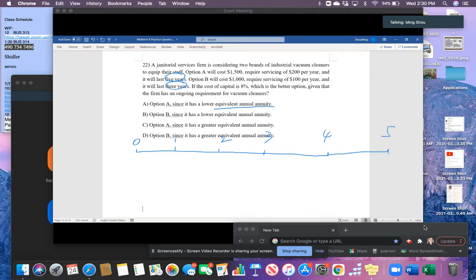For option A, we have a cash flow like this. Over 5 years, from the beginning, it has an initial cost of 1,500. Later on it has 200, 200, 200, 200, and 200 service fees.